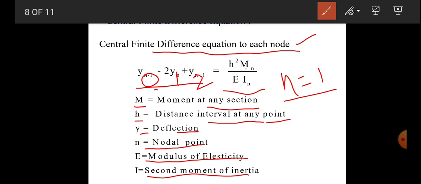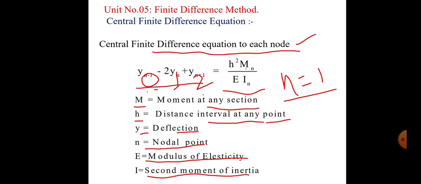That means we will get the equation for node 1 in terms of node 0 and node 2. Likewise, we have to apply this finite difference equation for each node. That means we have to divide the element into equal parts, the nodes, and apply this equation to each node. According to the number of nodes we will get that number of equations, and then by using boundary conditions we have to solve the simultaneous equations.